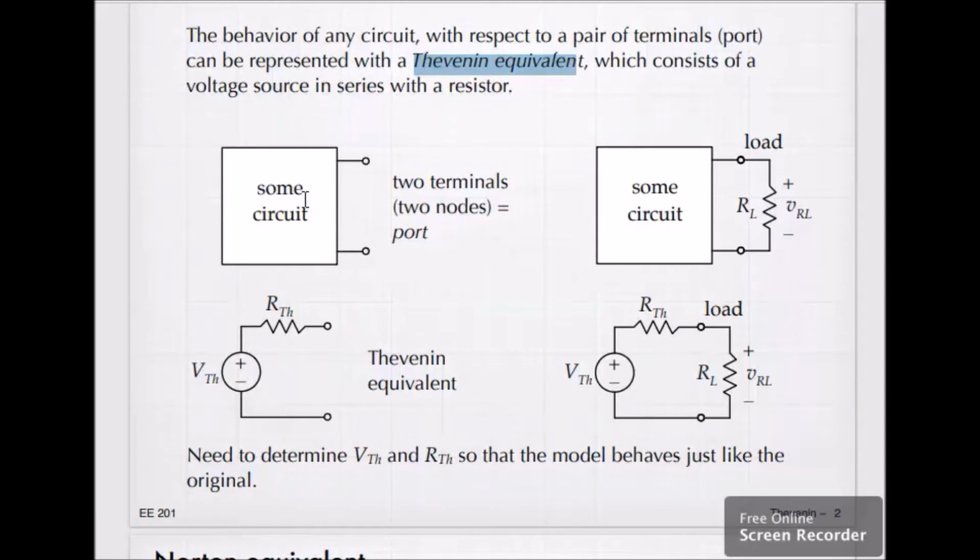So we can replace the circuit with the Thevenin equivalent. Say for example, you have resistors in parallel, in series, current supplies, voltage supplies. Even if there are many of them, we can replace them with just one voltage and one resistance. These two represent all of them and all their effects with respect to this port.